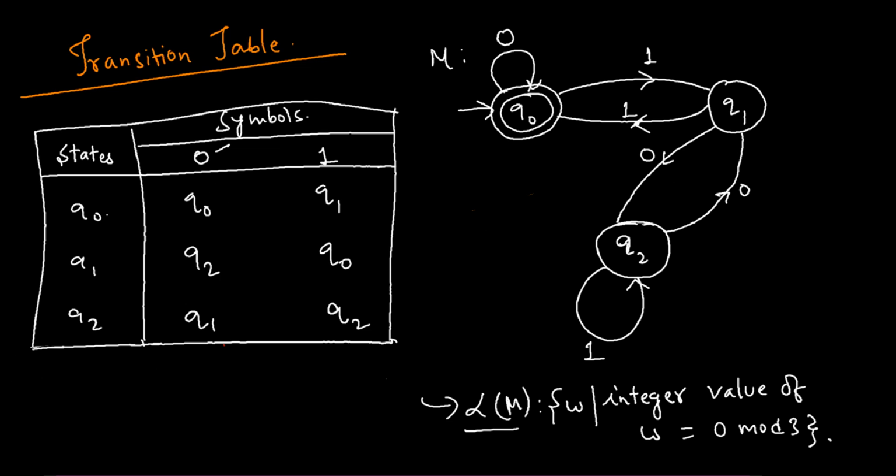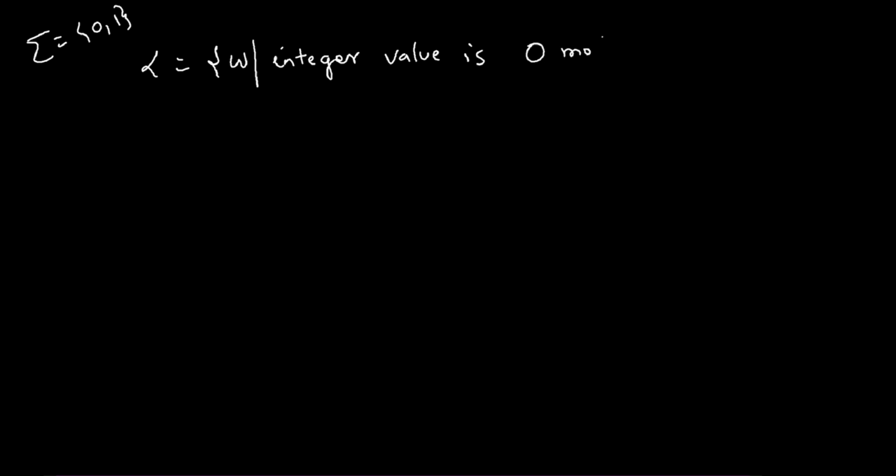This is one of the hints. Next time whenever you are asked questions like L is equal to omega such that, with sigma equal to 0 and 1, meaning the strings would be binary strings, and the integer value is 0 mod n, let's say a question of this type, a typical question.